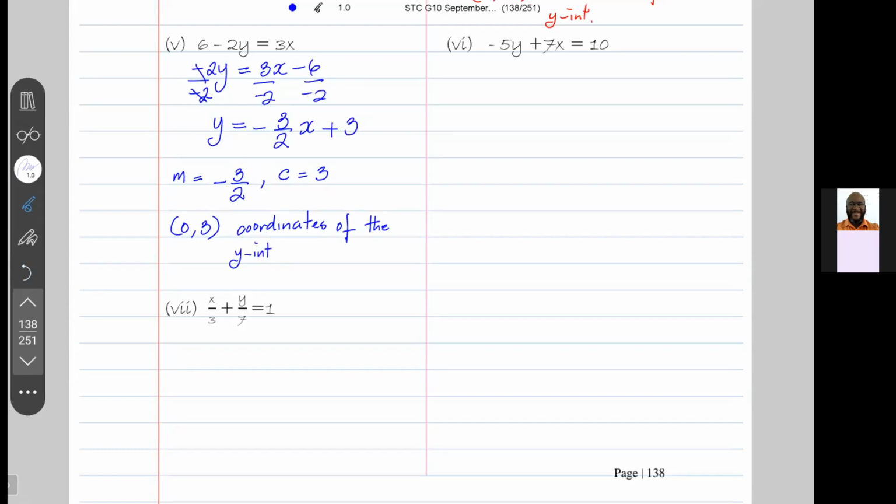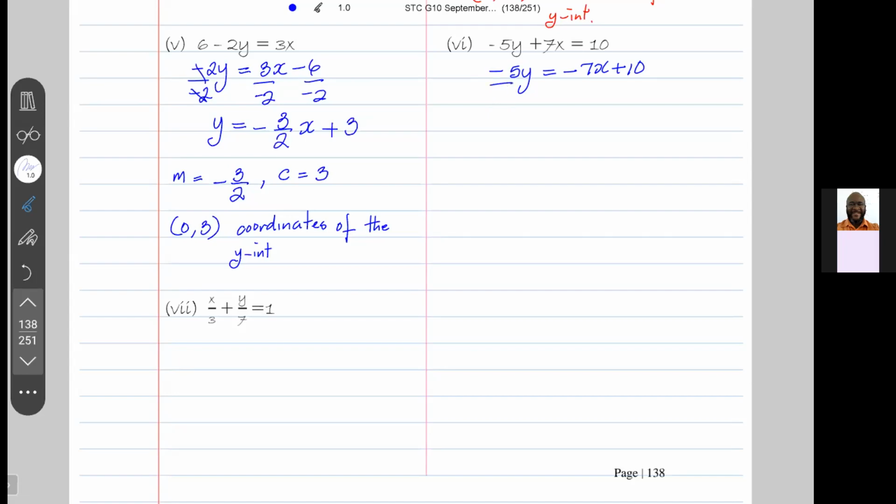All right, let's have a quick look at VI. Minus 5y is equal to minus 7x plus 10. Positive 7 on the left goes over to the right and becomes negative.